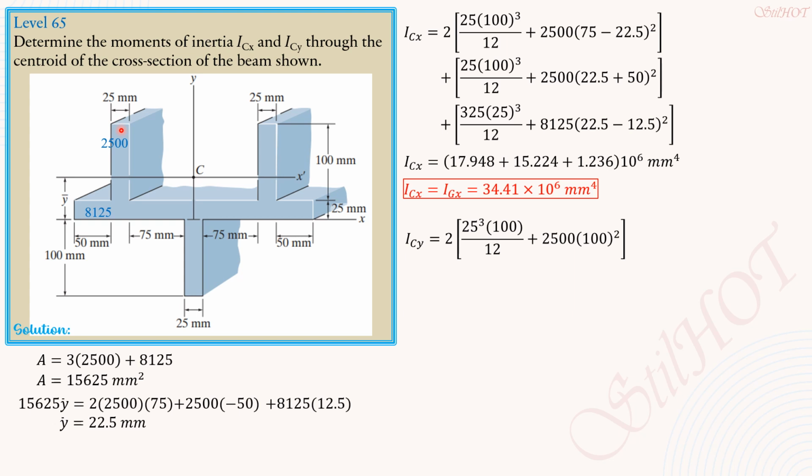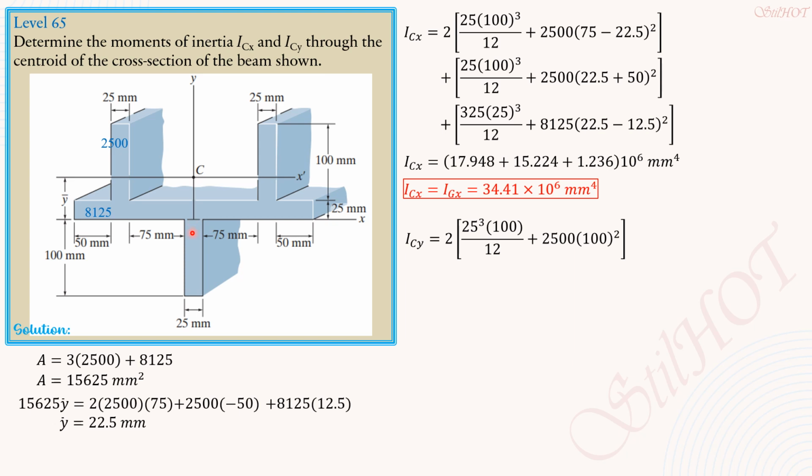The distance of the centroid of this rectangle from the y-axis is half of 25, 12.5 plus 75, 87.5 plus another half of 25. So that's why it's 100 squared.